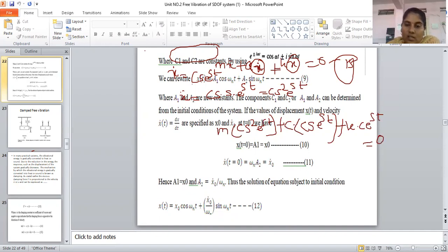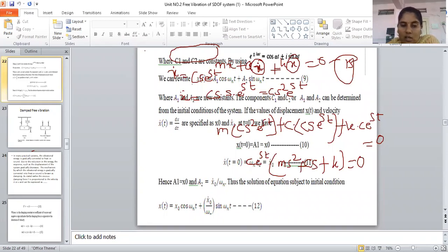From this equation, we can take the common terminology outside. The common terminology is c into e raised to st. What is the remaining? That is ms square plus cs plus k is equal to 0.